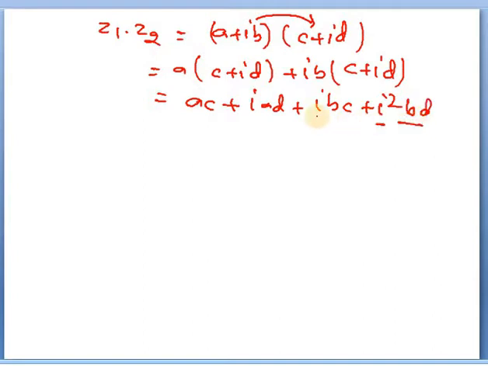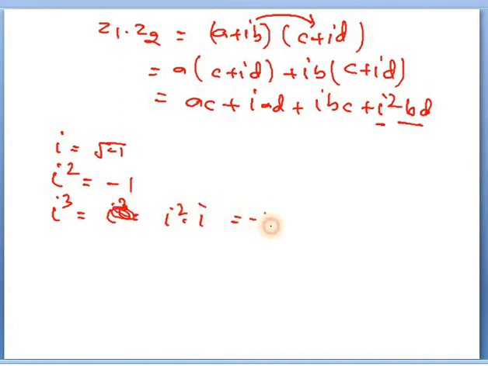Now the value of i square. Iota is root under -1. When I square both sides, I get i square is equal to -1. If I write i cube, then i cube is equal to i square into i, which is -1 into i, so minus i.